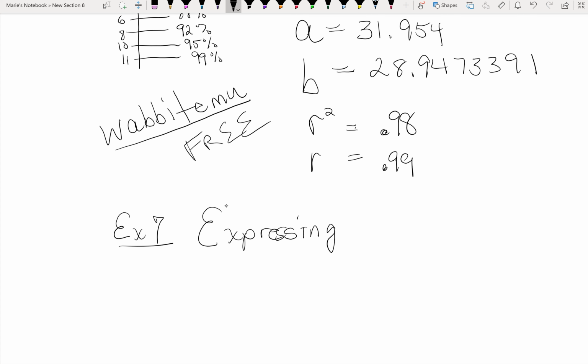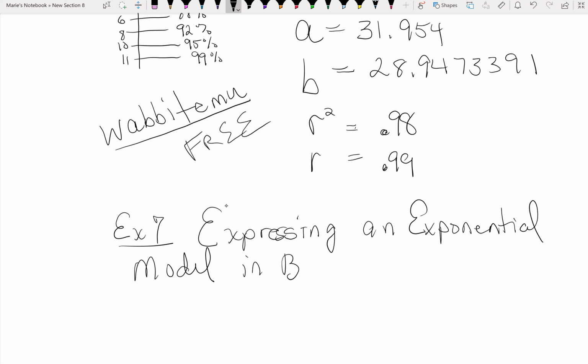Sometimes the pen does what it wants. So, expressing an exponential model in base e. They give us a function just to talk about it.